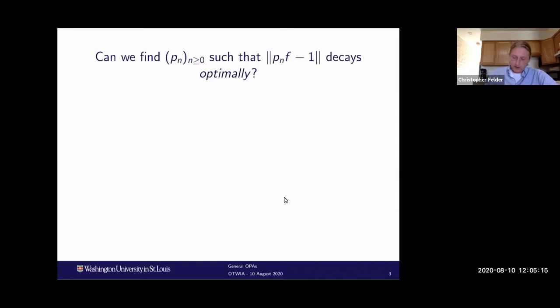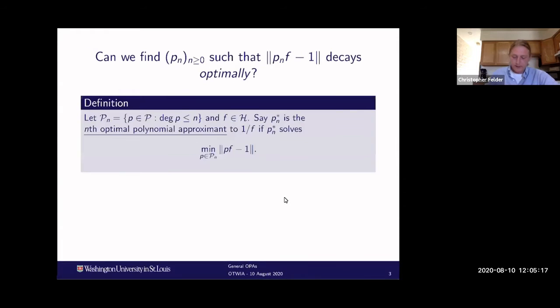The answer to that question is yes, and it's given by what we call optimal polynomial approximants. I'm going to let this calligraphic P_n denote all of the complex polynomials of degree less than or equal to n. I'm going to take F in H, and I'm going to say that Pn star is the nth optimal polynomial approximant to 1 over F if Pn star solves this minimization problem.